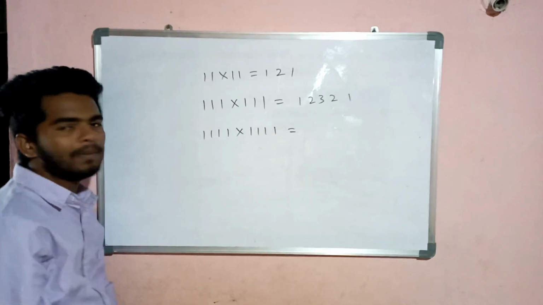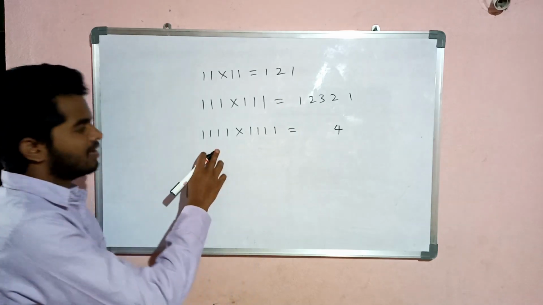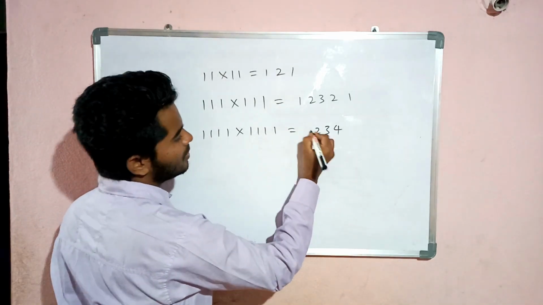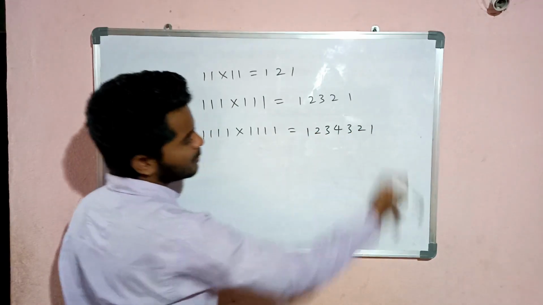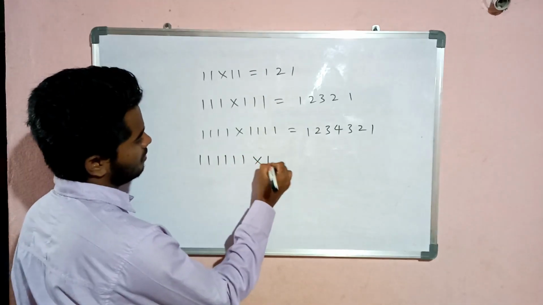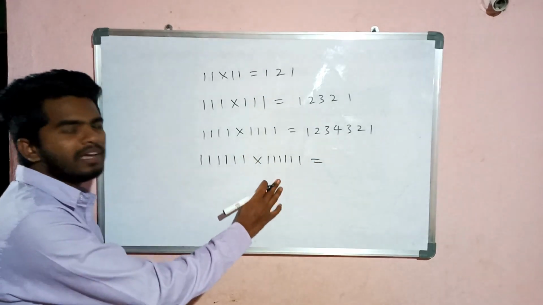4 ones multiplied by 4 ones. The number of ones is 4. 4, 3, 2, 1. 6 ones multiplied by 6 ones.